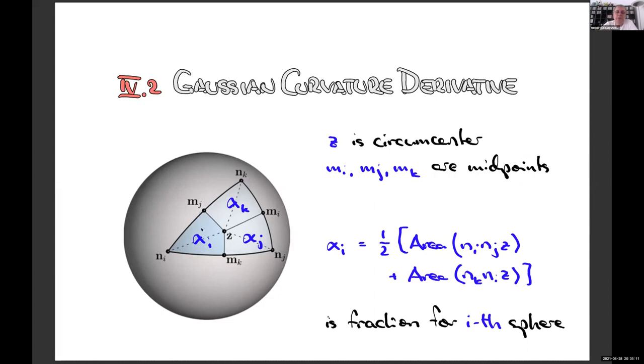And there are three vectors, n sub i, n sub j, n sub k, which go to the centers of the three spheres. So this spherical triangle represents the solid angle that I was talking about. And I have to divide this solid angle into pieces.